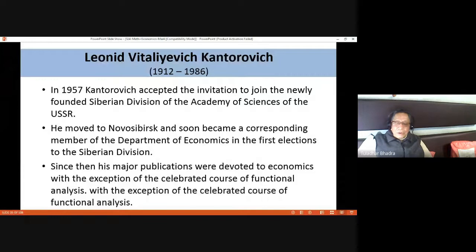Because to become an academician, first of all, you have to be a corresponding member, then you will be elevated to full academician of the Academy of Sciences. To this day, his major publications were devoted to economics, with the exception of the celebrated course of functional analysis. So he has a book on functional analysis also.